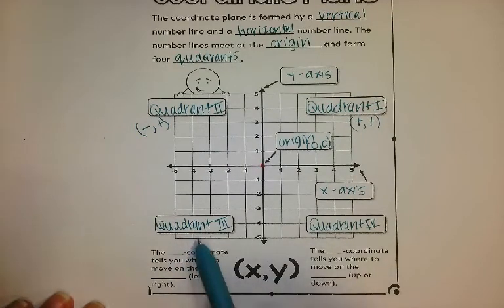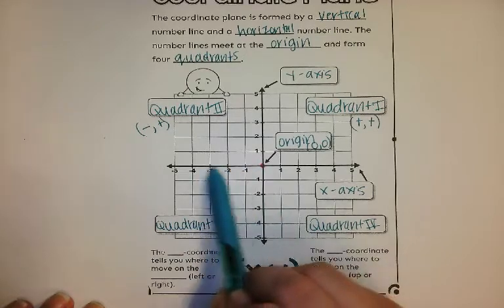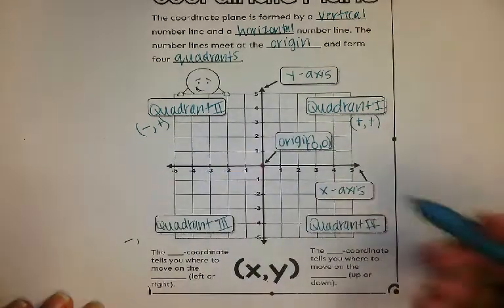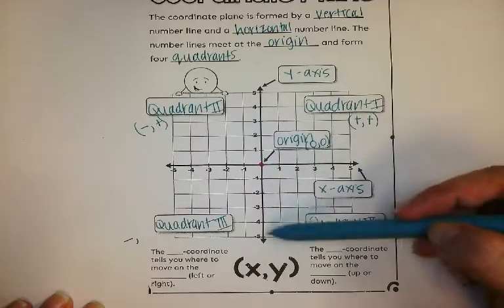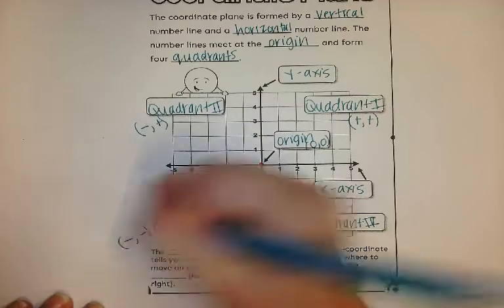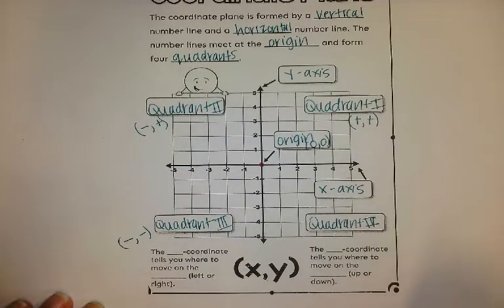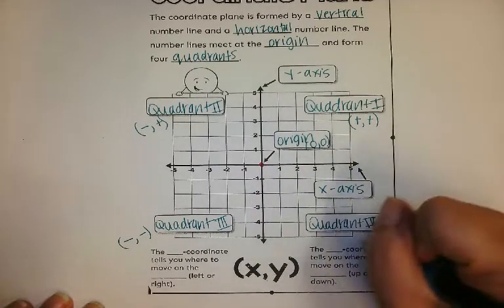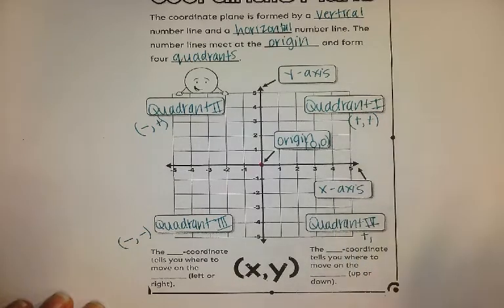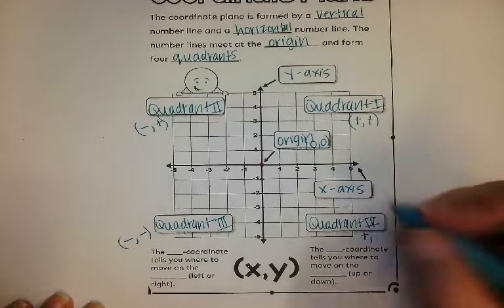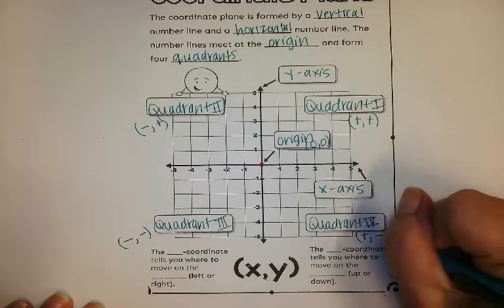Down here at quadrant 3, we are to the left of 0 on the x-axis, so our x coordinate is going to be negative, and we're below 0 on the y-axis, so our y coordinate is also going to be negative. And then for quadrant 4, we're to the right of 0 on the x-axis, so our x coordinates are going to be positive, and we are below 0 on the y-axis, so our y coordinate is going to be negative.